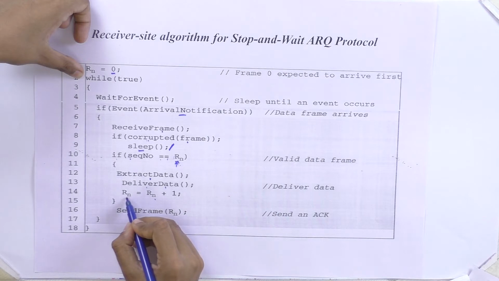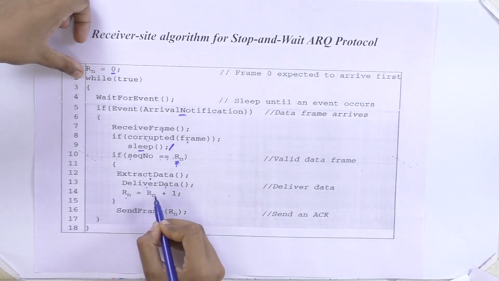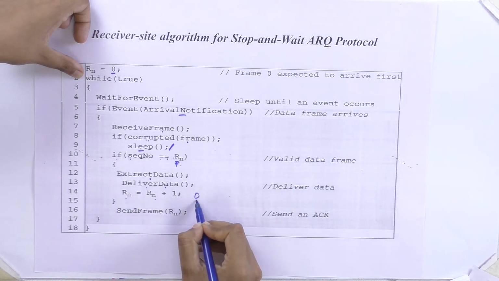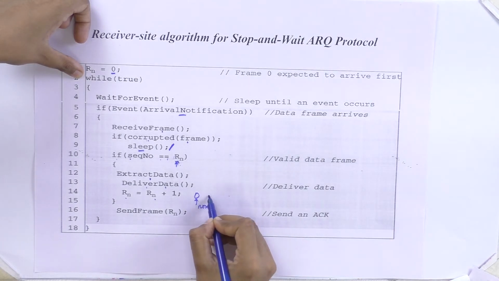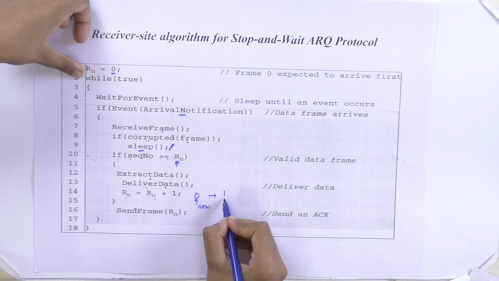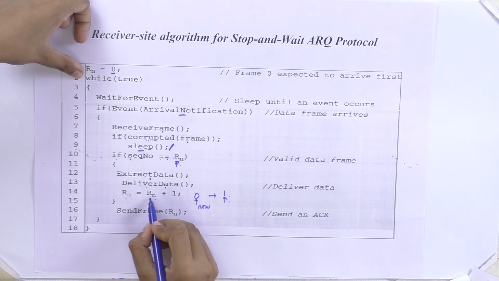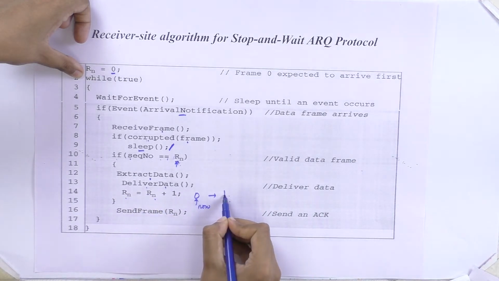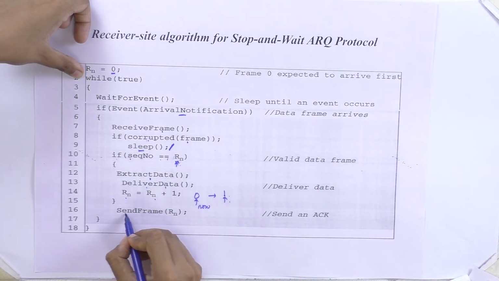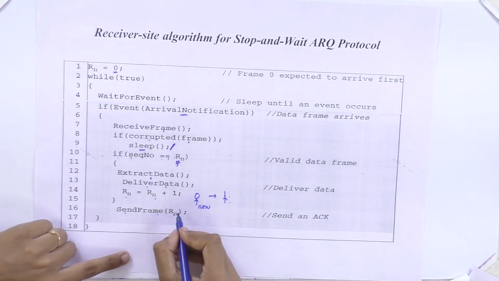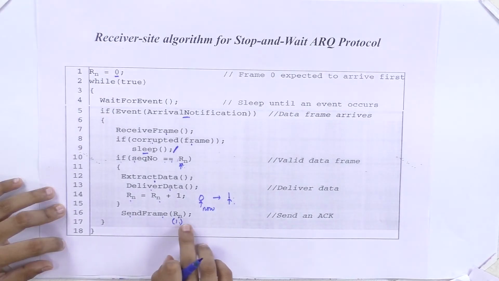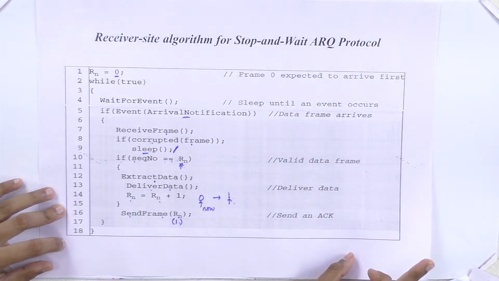Next it sets the next frame: 0 has arrived now and the next frame to arrive is 1, so Rn will be set to 1. So send frame Rn. So Rn here will be 1. So this will send the frame, the acknowledgement. So this is what happens on your receiver side.